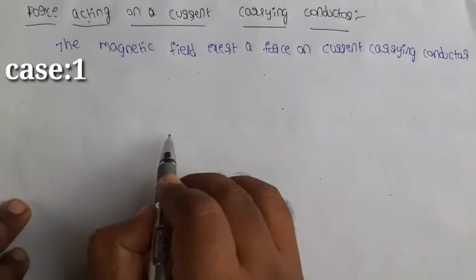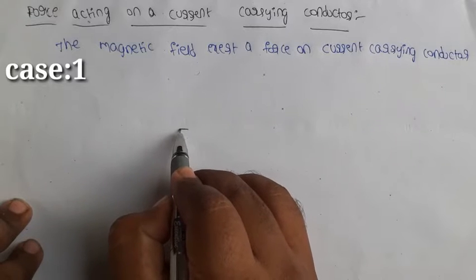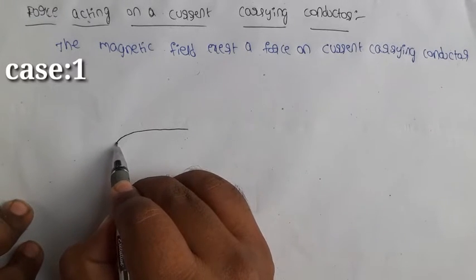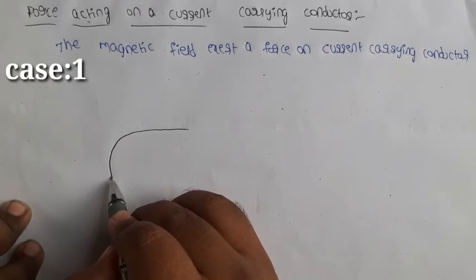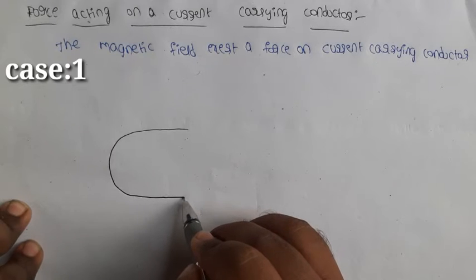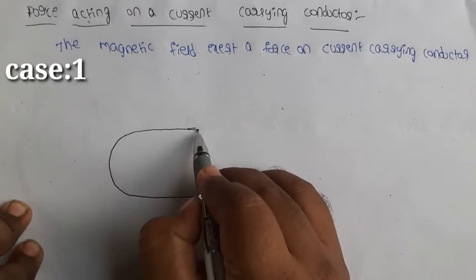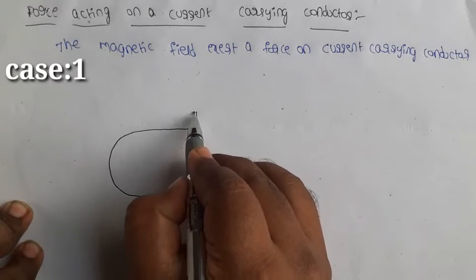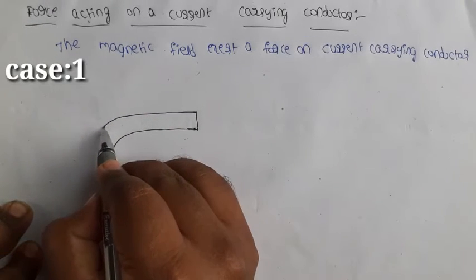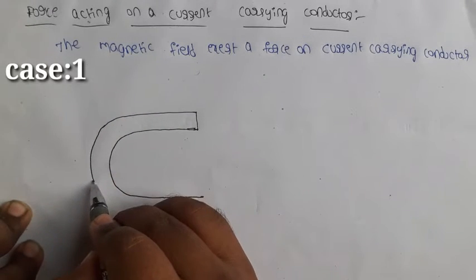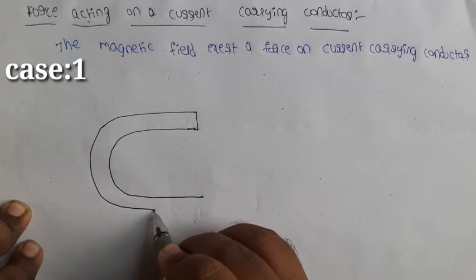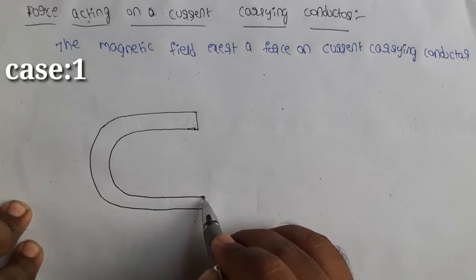Take a horseshoe magnet. Why? Because a horseshoe magnet produces a high magnetic field. That's why we give preference to the U-shaped horseshoe magnet.